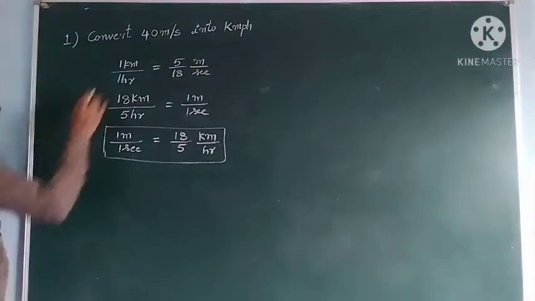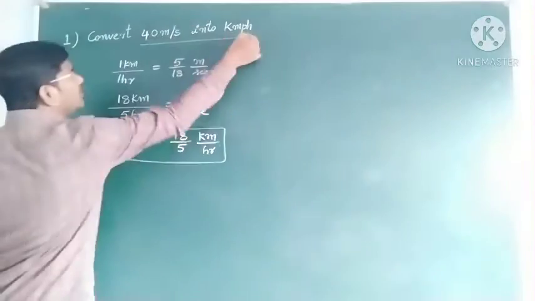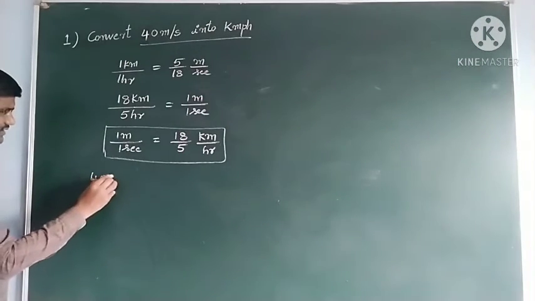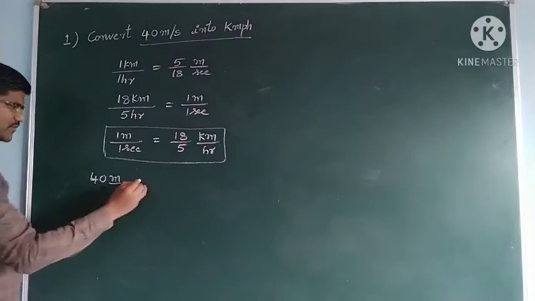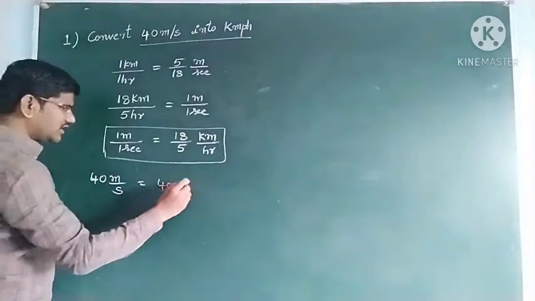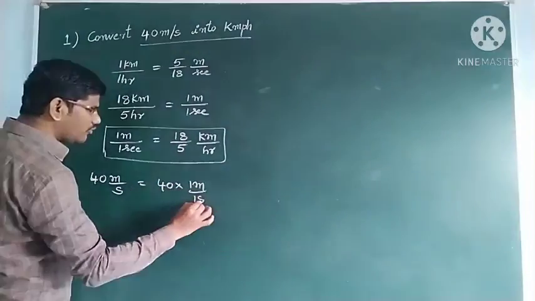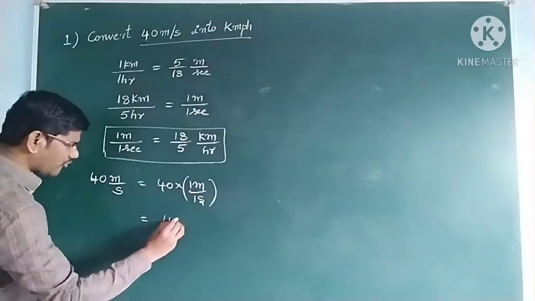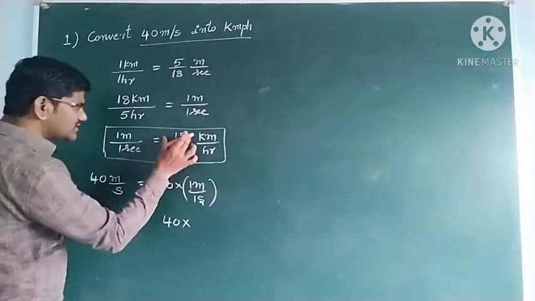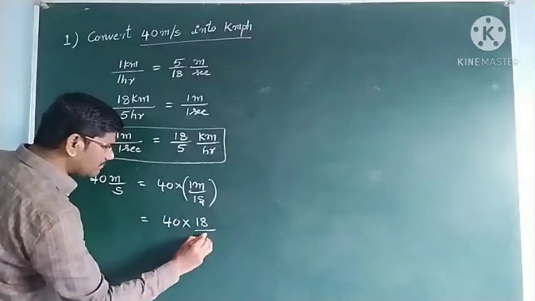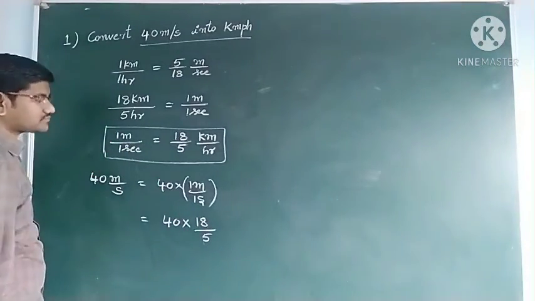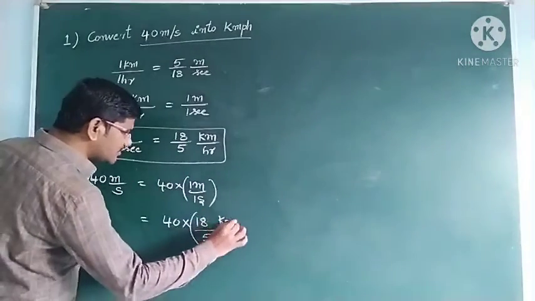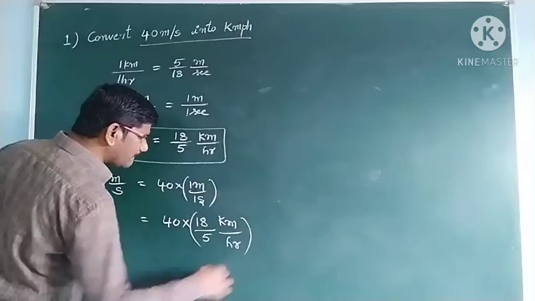Okay, students. So now 40 meter per second into kilometer per hour we want. 40 meters per second, so that I will write 40 into 1 meter by 1 second. Then 40 into 1 meter by 1 second is 18 by 5 kilometer per hour.